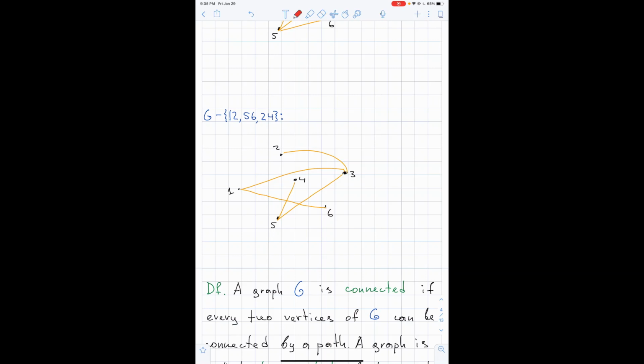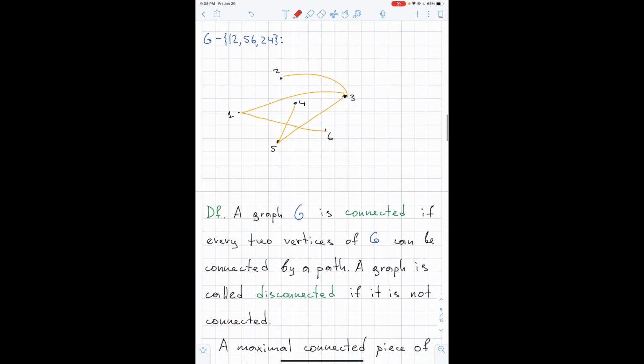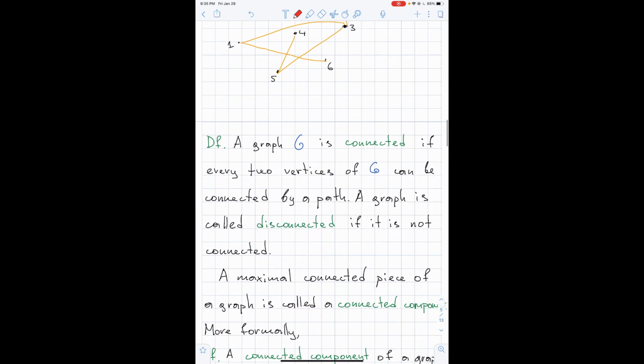All right. So far so good. So here is another definition. The graph is called connected if any two vertices of G can be connected by a path. A graph that is not connected is also called disconnected.